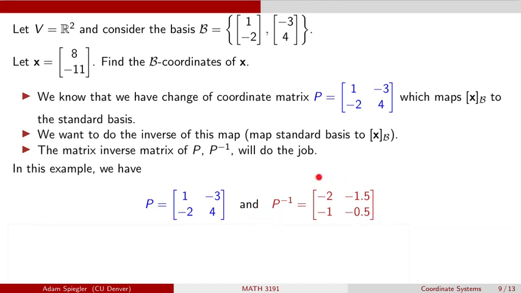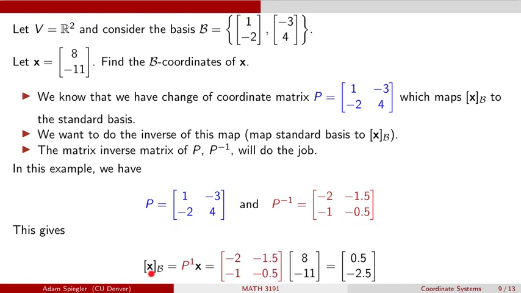In any case, you could also use Python to track down this inverse matrix. But once I've found the inverse of the change of basis matrix, then we are going to apply P inverse. I left off a really important minus sign here. This is the inverse of P applied to the coordinates in our standard basis.